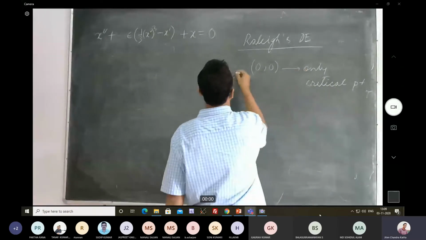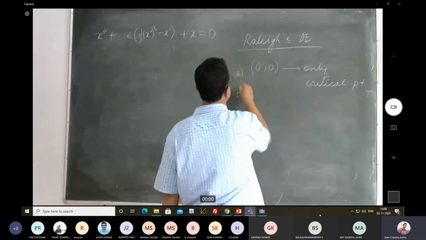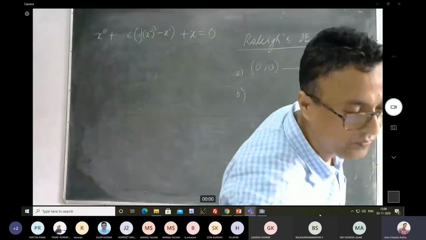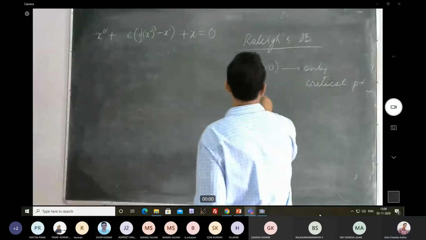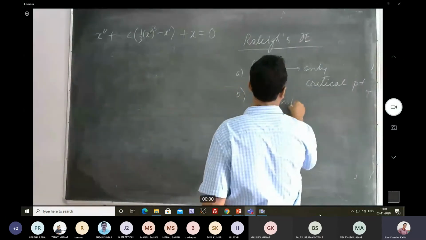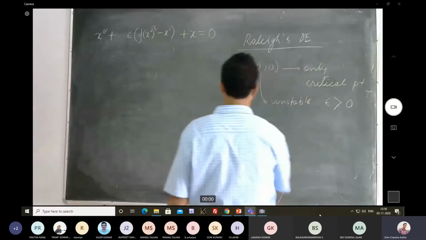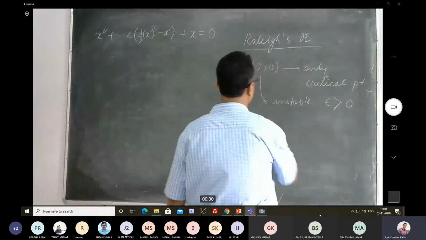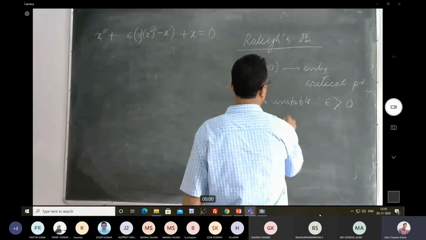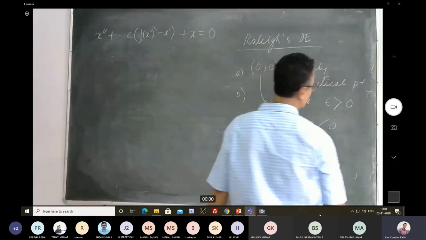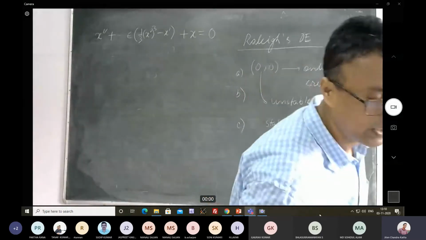So this is part A. B is: show that 0, 0 is unstable when this is positive, and stable when this is negative.